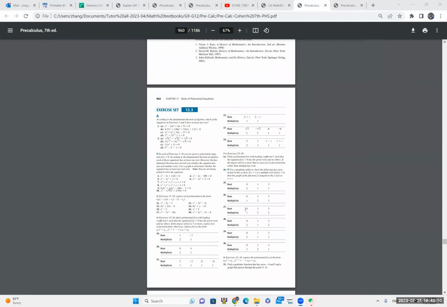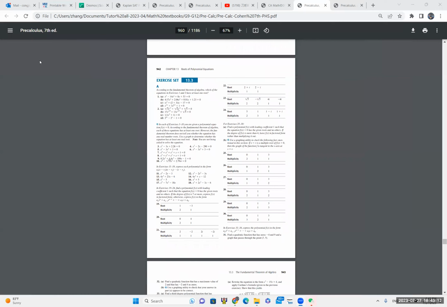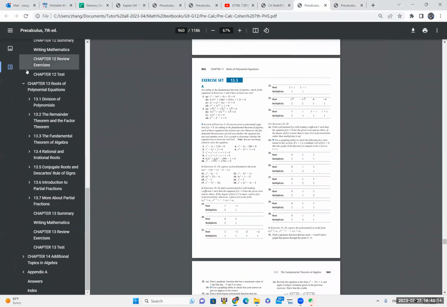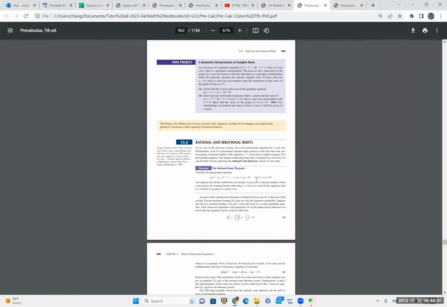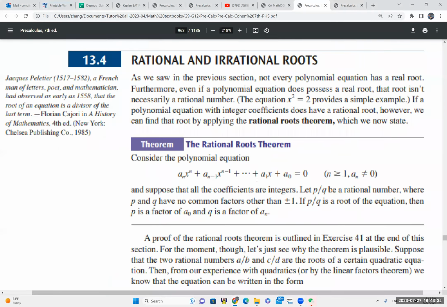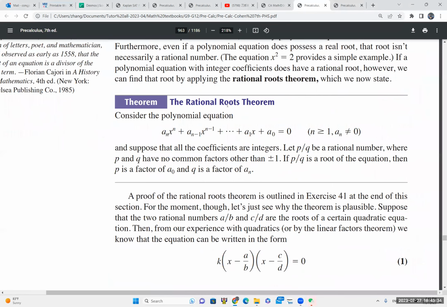Then we'll stop here for this section. Let me check anything more. Rational and irrational roots. We'll also go to section 4 because there is a more important theorem: the rational root theorem.